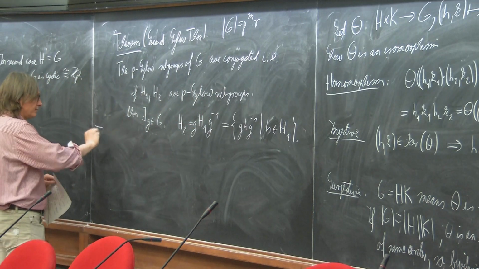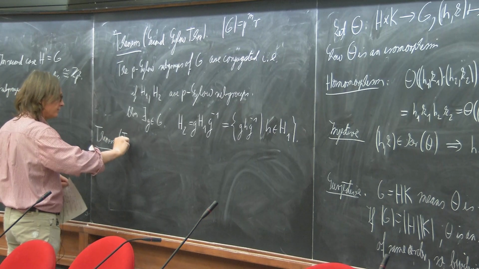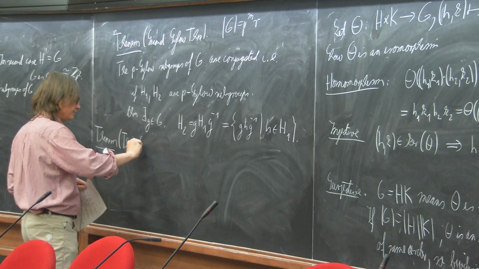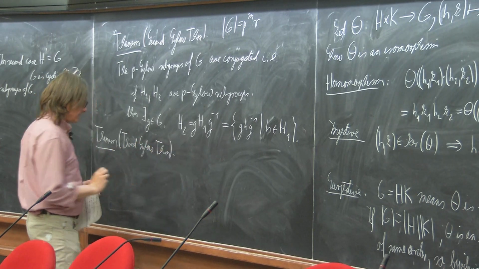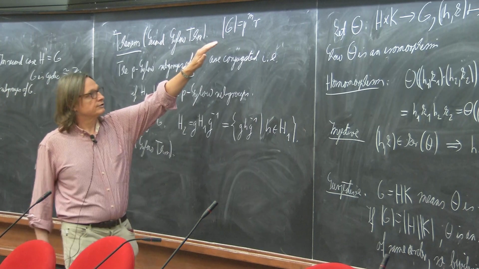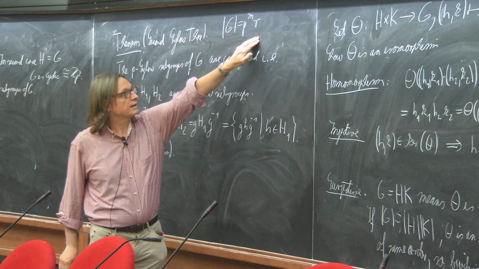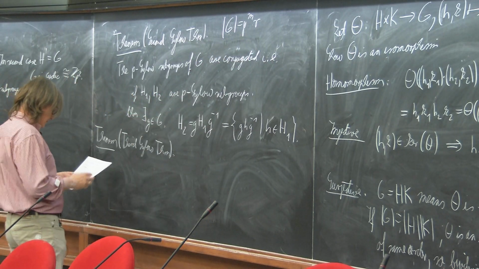So this is the following theorem. Third Sylow theorem. Again, the order of G is p to the m times r, where r is relatively prime to p.